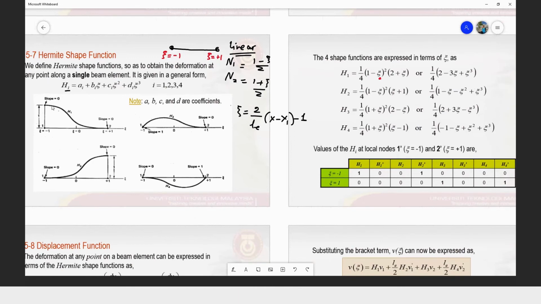For H1, on the left hand side where Z equals -1, if we substitute this -1 into H1, taking Z as -1, what value do we get here? 1/4, 2 minus 1, 1 1 minus 1, 2, 2 times 2, 4.